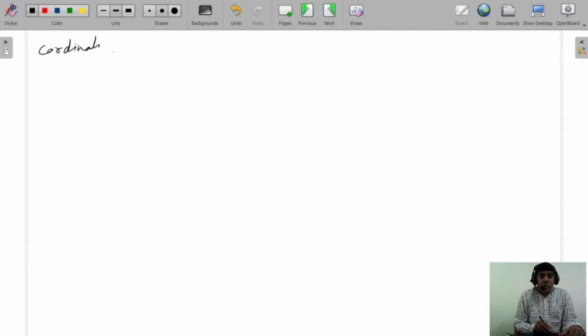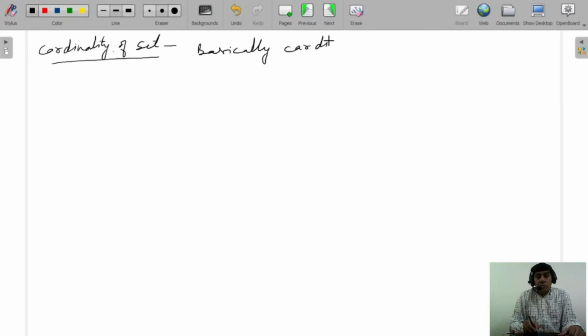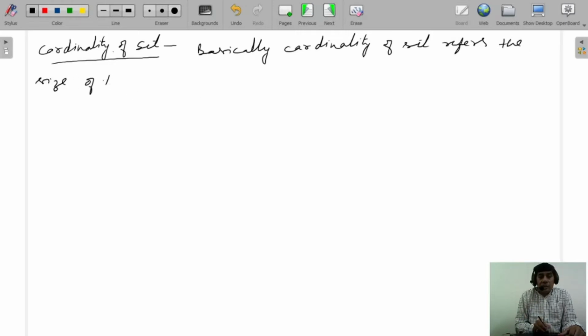Cardinality of sets. What do you mean by cardinality of sets? Basically, cardinality of sets refers to the size of the set.